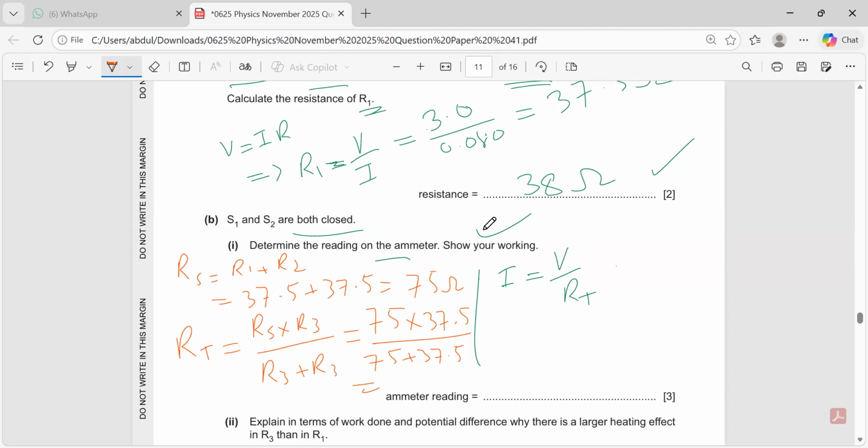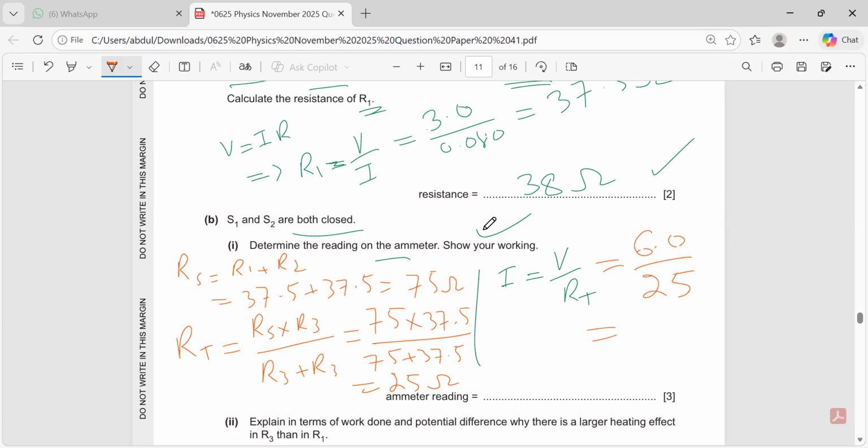So 75 times 37.5 over 75 plus 37.5. We are simplifying. Answer is 25. So total resistance, my dear friends, is equal to 25 ohms. Now, first of all, let's calculate I. So total voltage, which is 6 volts, over 25, as we are simplifying.